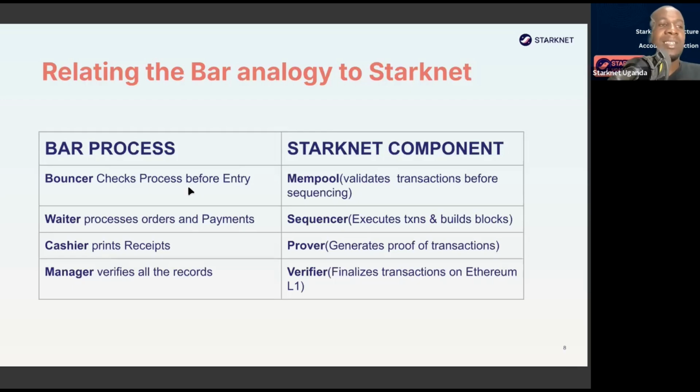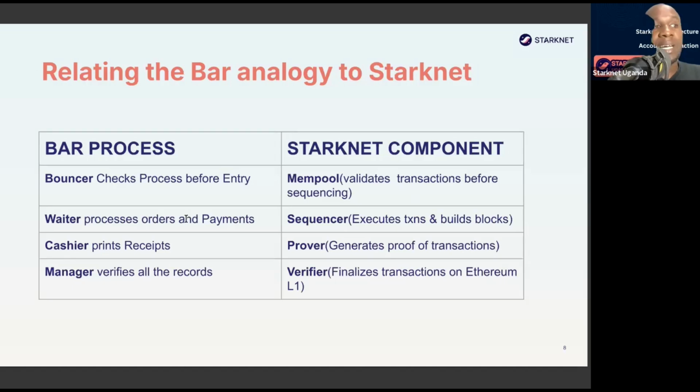So after the bouncer has verified that this person is 18 years, and that you don't have any harmful weapon, that's the same thing the mempool does. The role of the mempool is to filter out the transactions and send them to the sequencer.